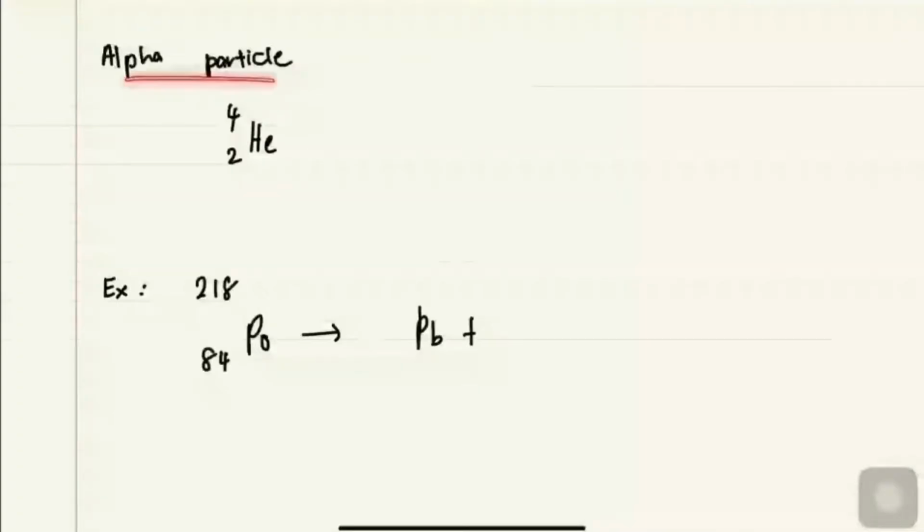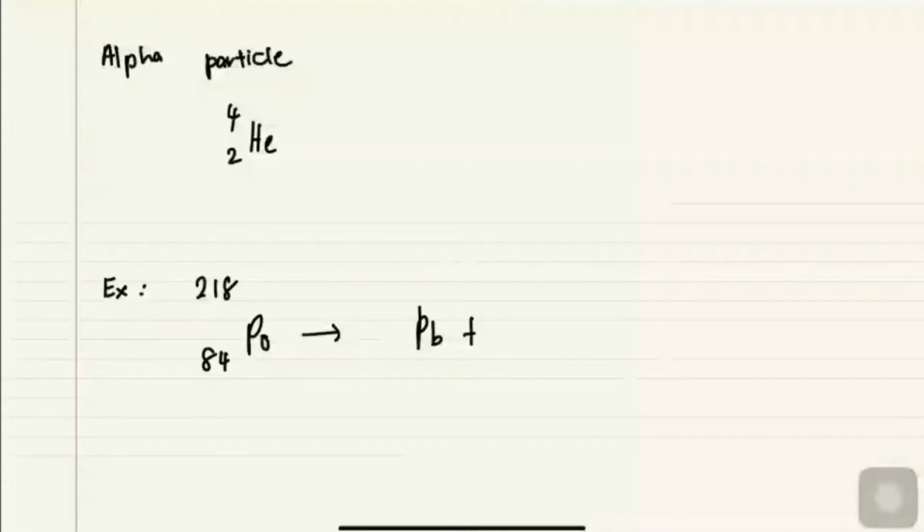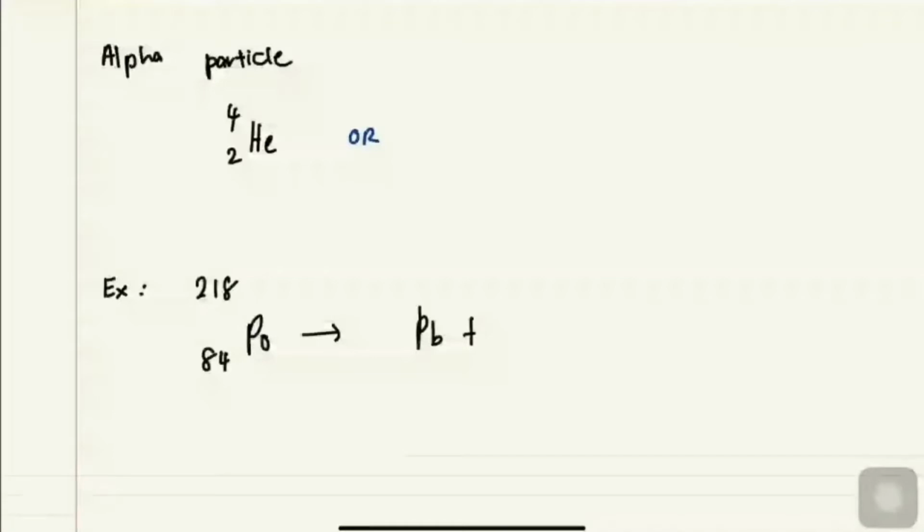You can write in terms of helium like that, or in terms of alpha itself. Both are accepted. And most likely the Pb, the daughter, they sometimes don't give it. So if they don't give you the Pb, you can use Y or X. It's up to you, basically just an unknown. If it is given, you can use it straight away.